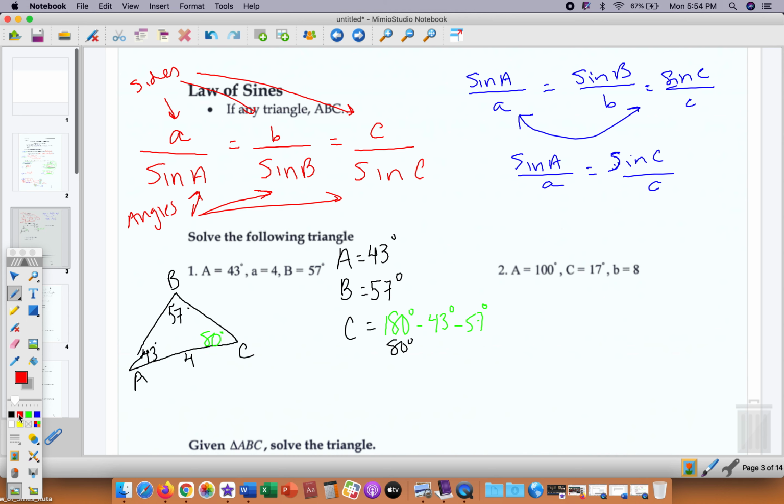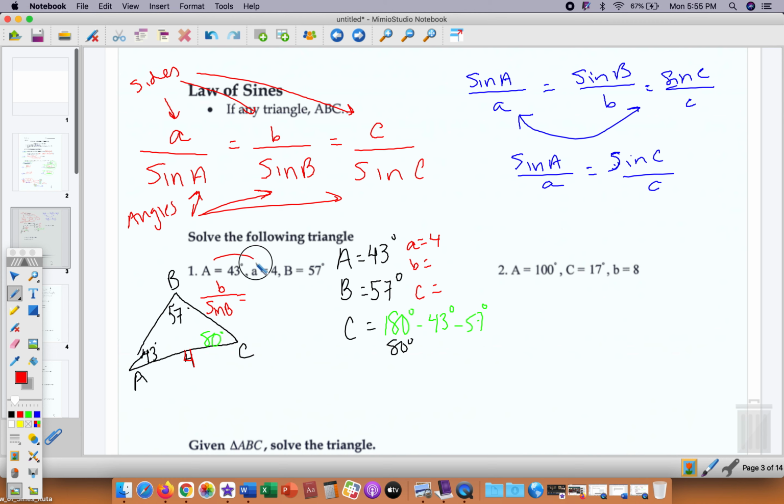Now we need to find all of the sides: little a, little b, little c. We're given little a is 4. It doesn't matter which we search for next. Let's search for b. If we want little b, the formula is little b over sine b, and we set it equal to either the a or the c, whichever we have.